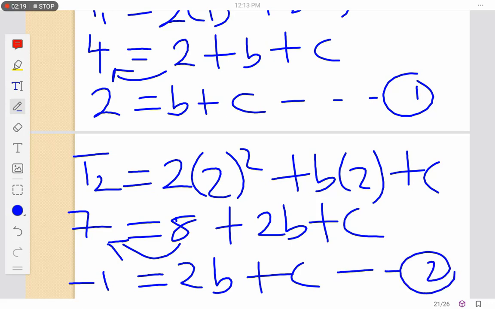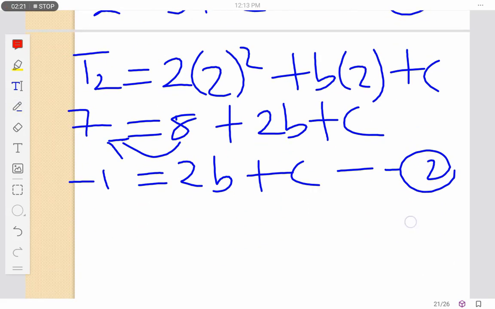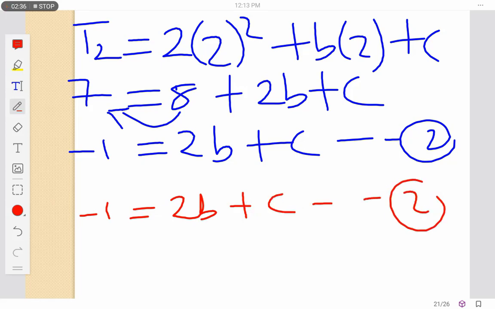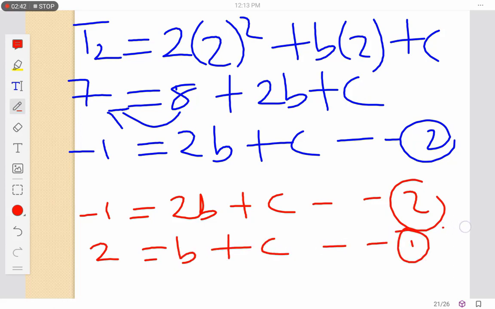So we now have two equations that we are going to solve simultaneously, and I can say equation 2 minus equation 1. Equation 2 is minus 1 is equal to 2b plus c. My equation 1 is 2 is equal to b plus c. I can subtract these two.